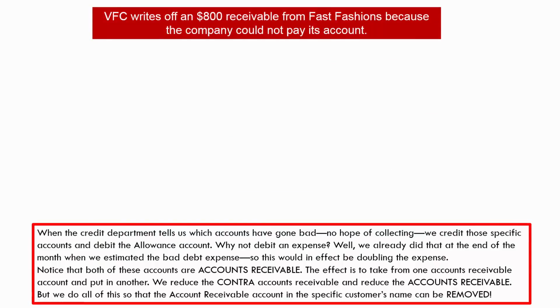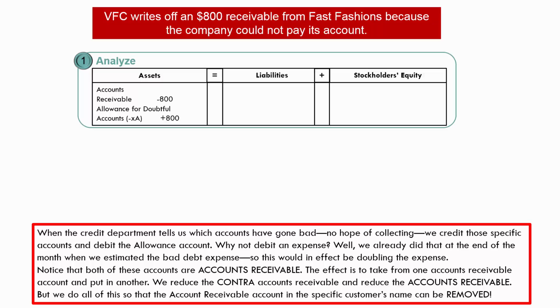And then later on, we determine that Fast Fashions is not going to pay us. They're not going to pay on their account. When they no longer are going to pay on account, we don't make this determination, the credit department does. We will remove the balance in accounts receivable, and we will take it to the allowance for doubtful accounts.